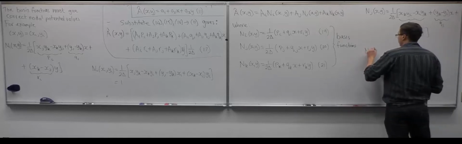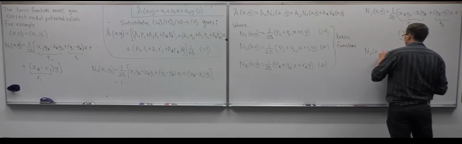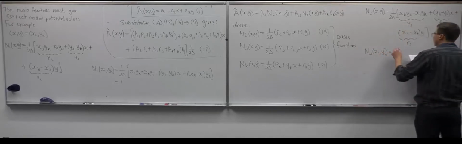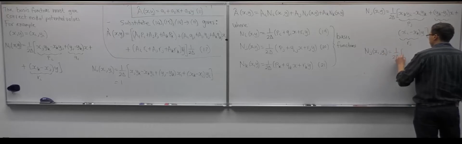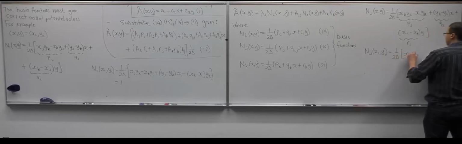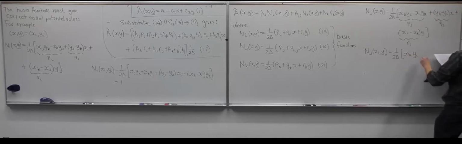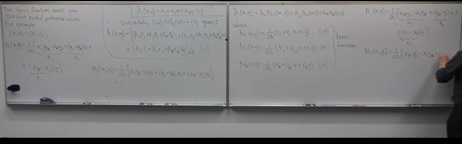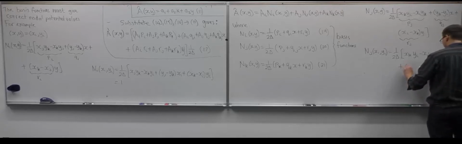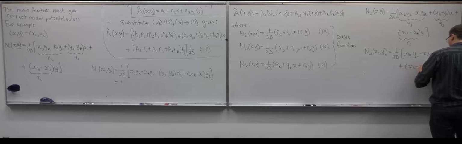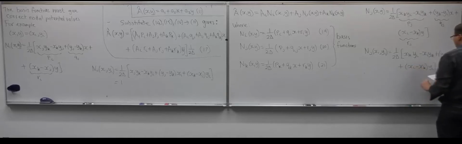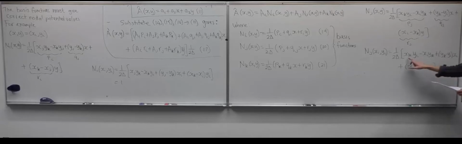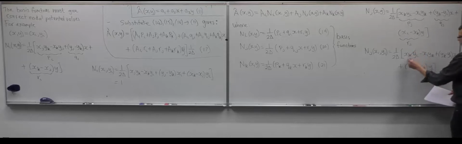So Nj(xi, yi). Okay. So the first term doesn't change. So we have (xk yi minus xi yk) plus (yk minus yi) xi plus (xi minus xk) yi, right? Now if we look here, we've got xk yi, and now we've got minus xk yi, so that term cancels.